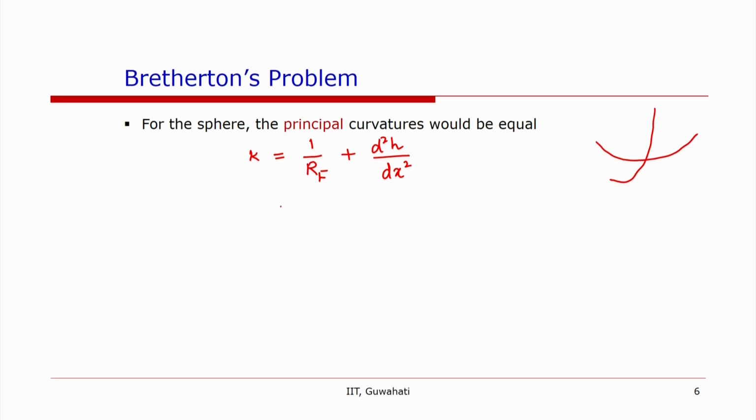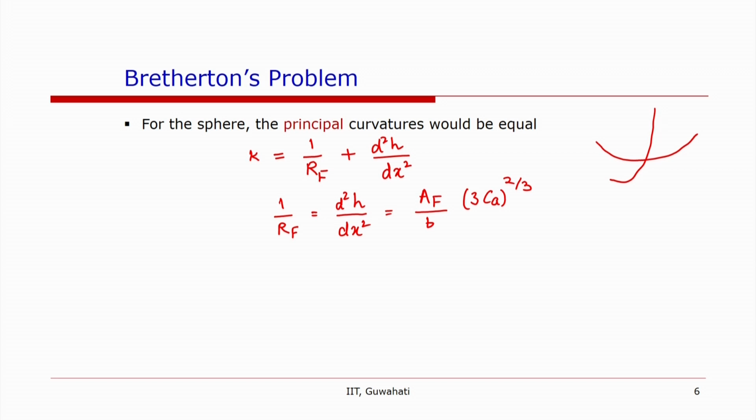So 1 over RF will be equal to d2h over dx2, which is equal to AF over B into 3Ca raised to the power 2 by 3.